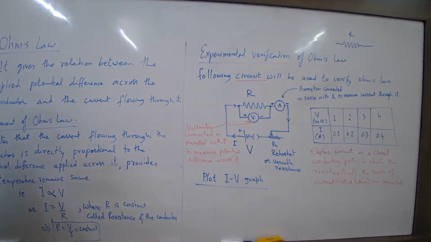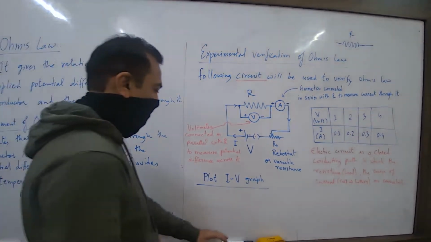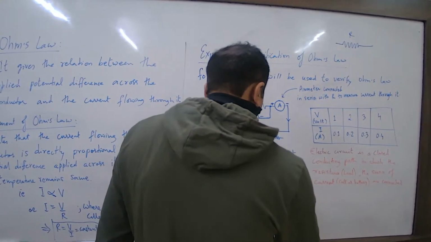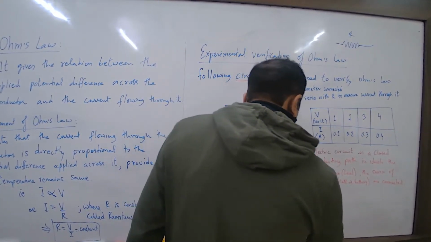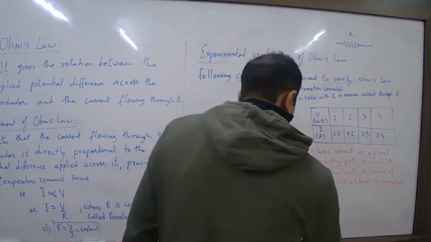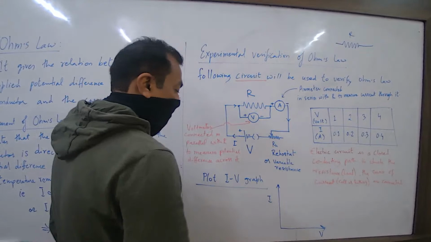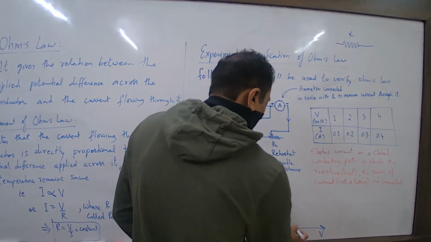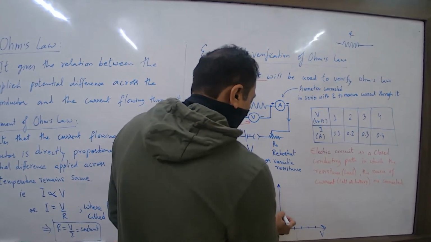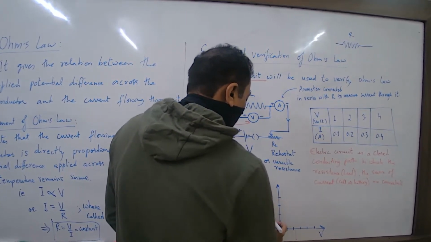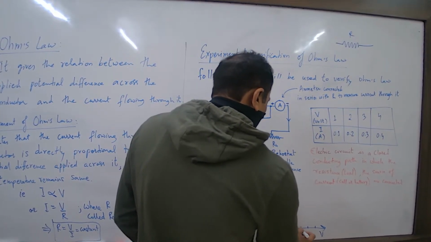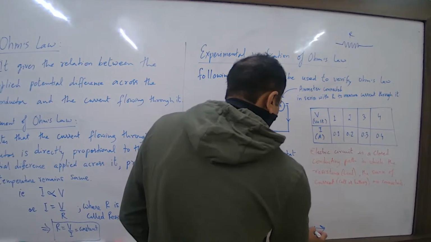Okay. So what is the IV graph now? For the IV graph, you put I on the y-axis and V on the x-axis. So choose the scale and plot the readings. So this is 0, you have 1, 2, 3, 4, 5 volts.